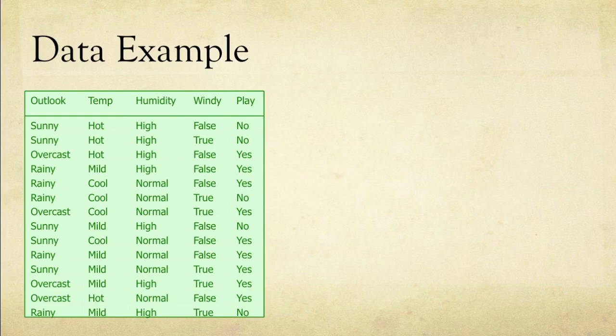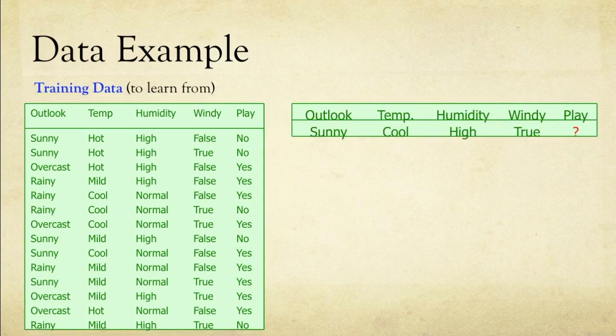This is what we refer to as training data. Now suppose we are presented with a new data instance, perhaps today's weather condition: sunny, cool, high humidity, and windy. Our classification task is to predict, based on the evidence of the weather condition, whether the game will be played or will not be played.